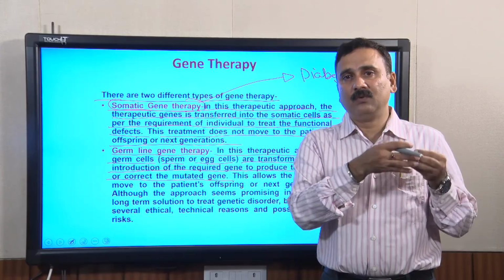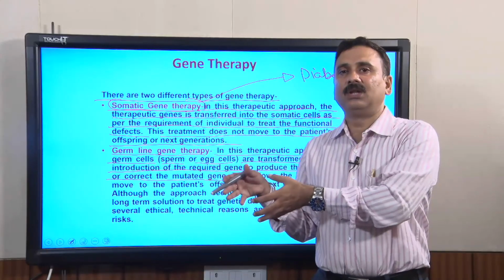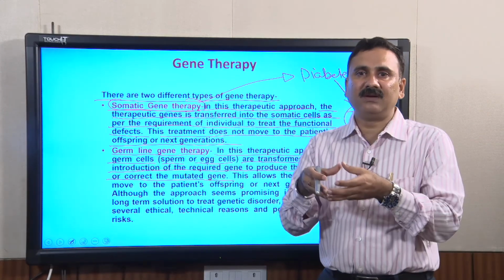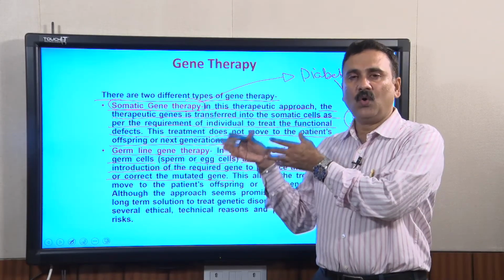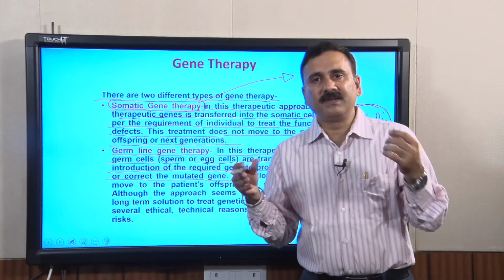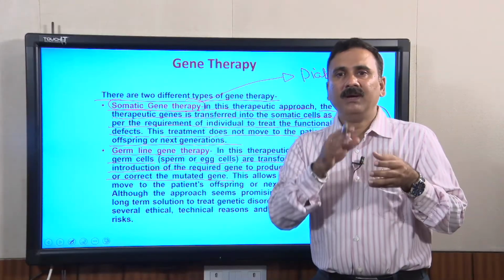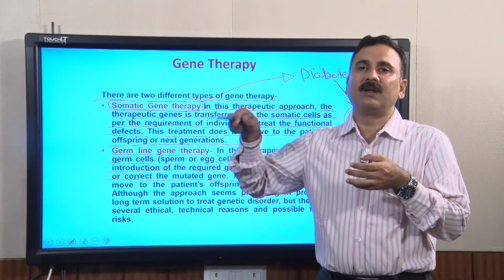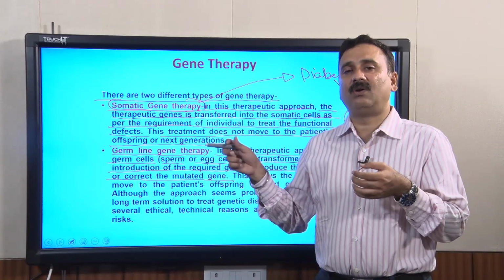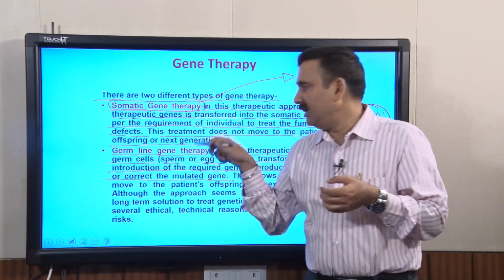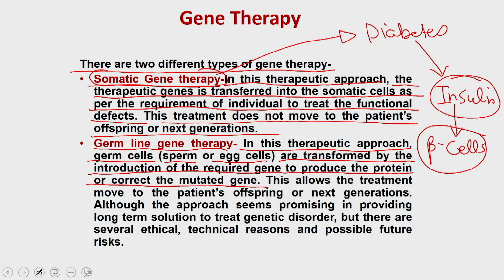If you do that procedure in the cells of the germline, for example in sperm or the ovum, then once the embryo forms, this information is going to replicate into all the cells of the offspring. So, any kind of gene therapy done in the germline is going to propagate for many generations. This allows the treatment to move to the patient's offspring or the next generation.